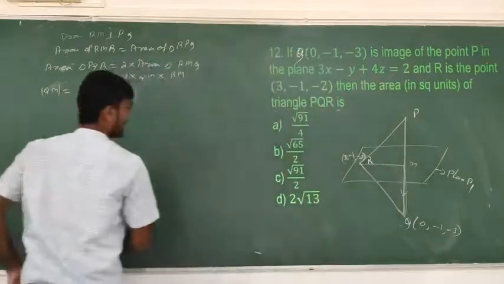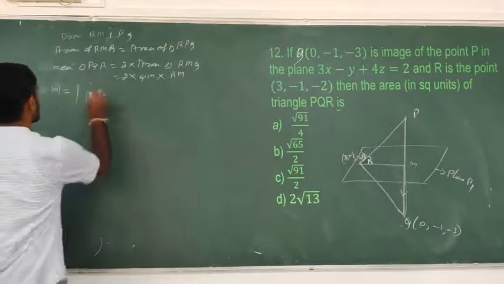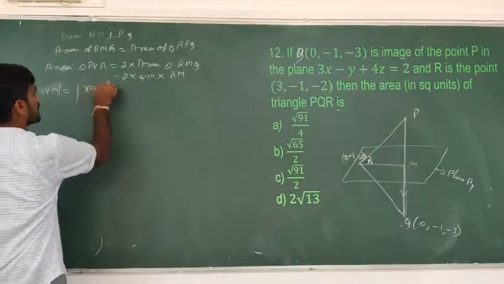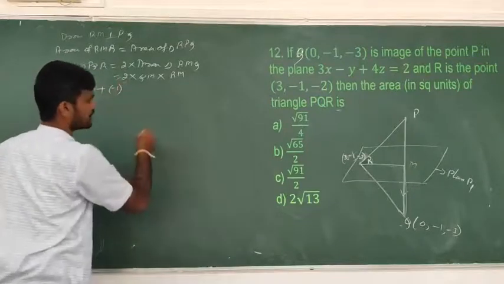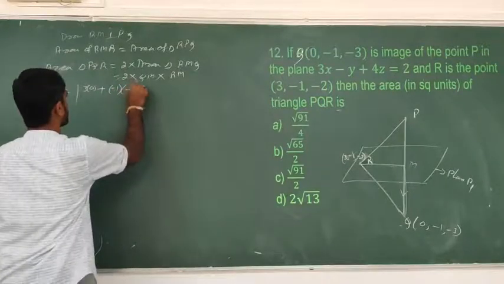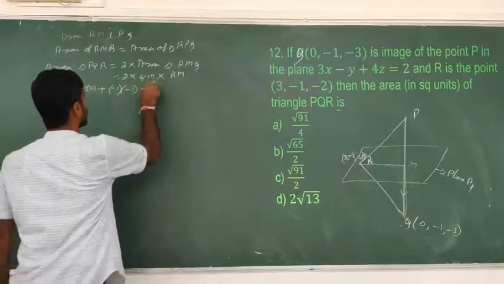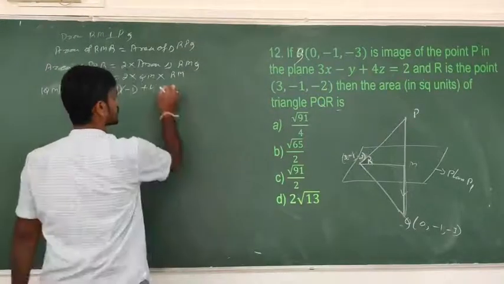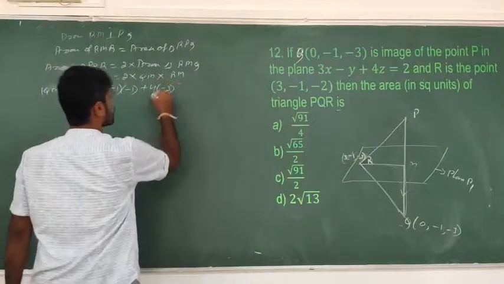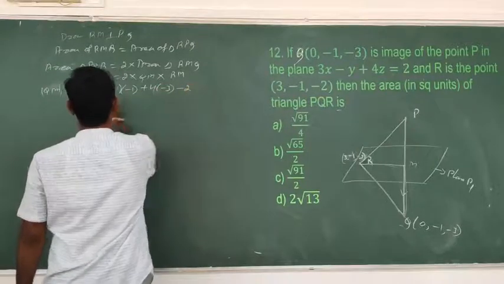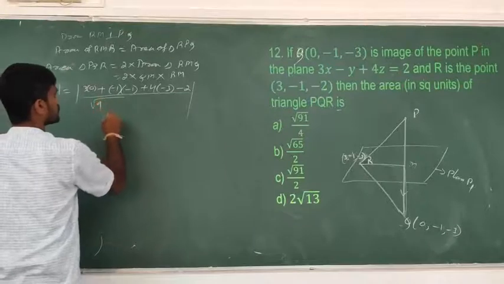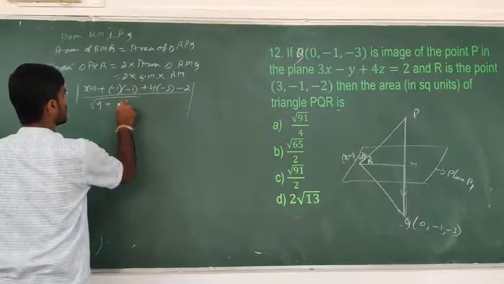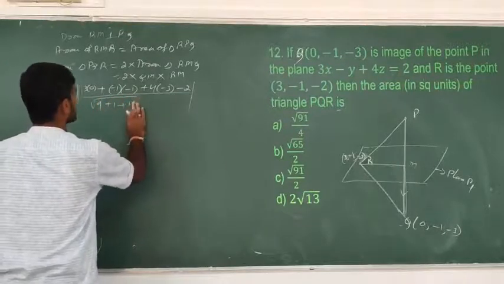So A into x1, that is 3 into 0, plus B, which is -1, into y1, which is also -1, plus 4 into z, which is -3, then -2, whole divided by square root of A square, that is 3 square is 9, plus -1 whole square is 1, plus 4 square is 16.